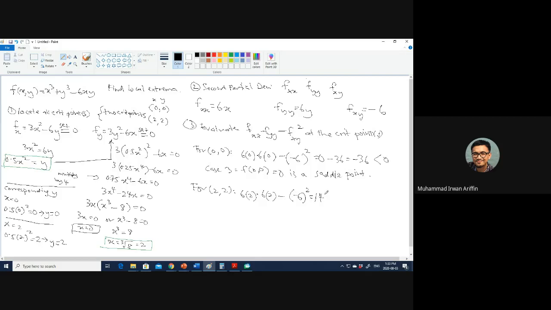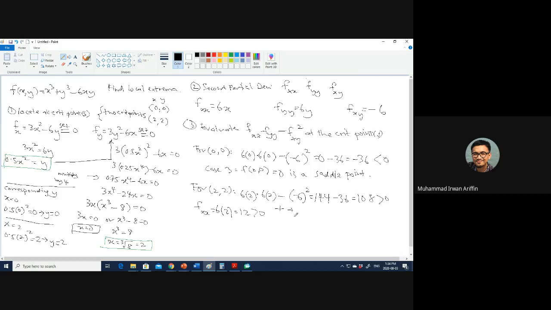So basically 144 minus 36, which will give us 108. And this is positive. Since this is positive, then we need to evaluate f sub xx, which is 6x. Now evaluated at this critical point, the value of x is 2. So this gives us 12, which is positive.